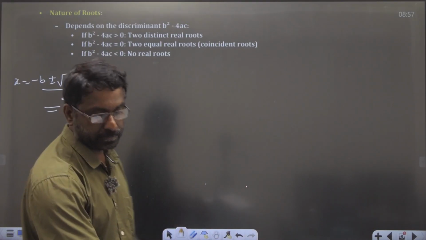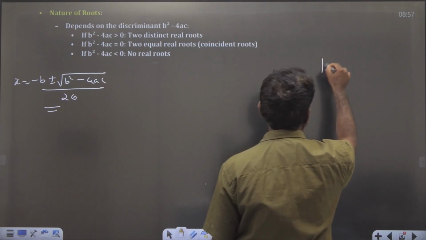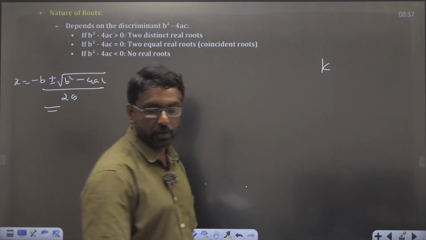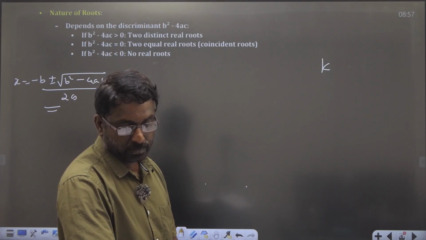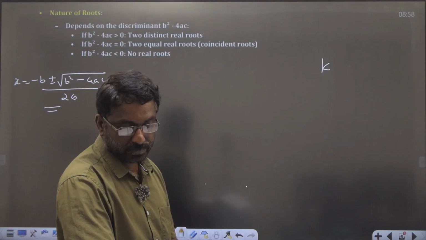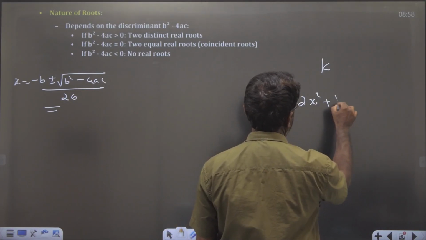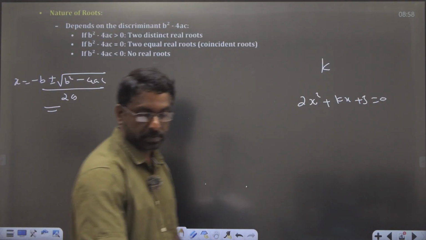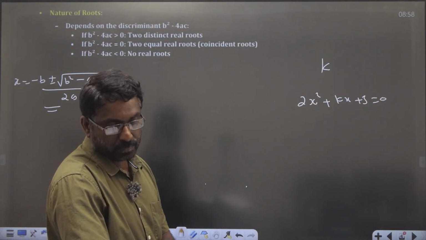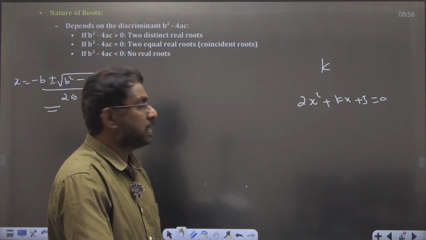Another question. Find the value of k for which the quadratic equation 2x square plus kx plus 3 equal to 0 has equal roots.